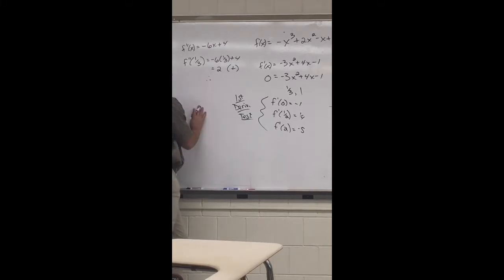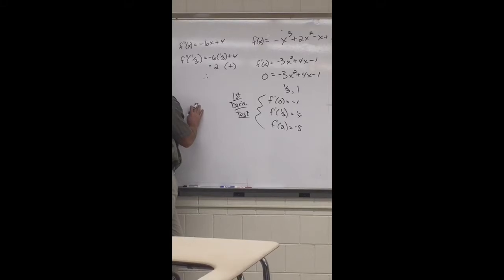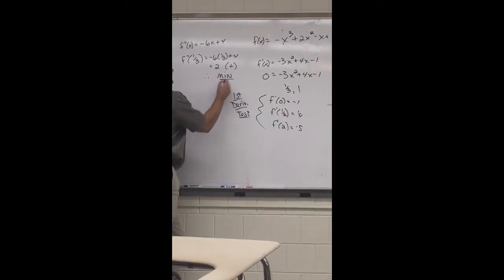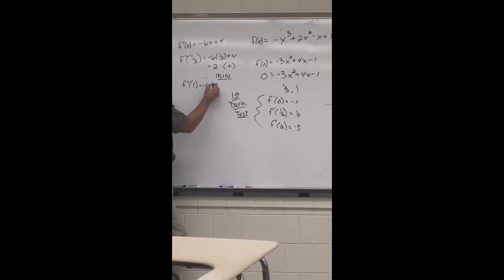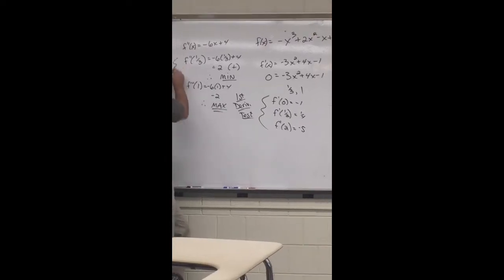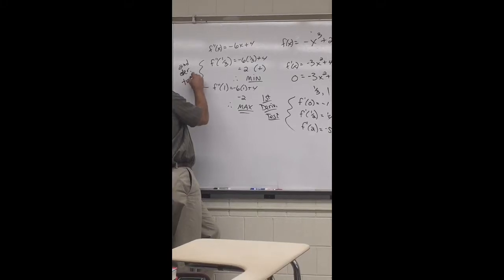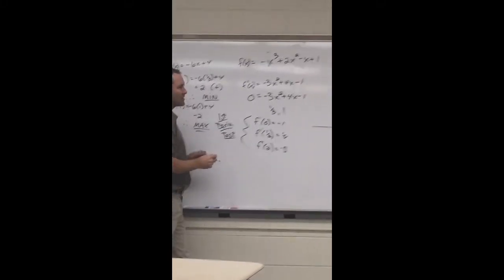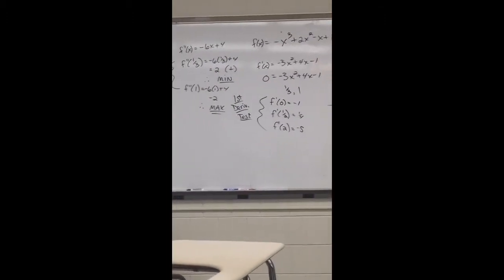Therefore, it is concave up, therefore it is a min. Okay, now f double prime of 1 gives you negative 6 times 1 plus 4, which gives you negative 2. That's negative, therefore it is a max. Alright, and so this is the second derivative test, where you plug those into the second derivative and it tells you the concavity. This isn't too bad yet.